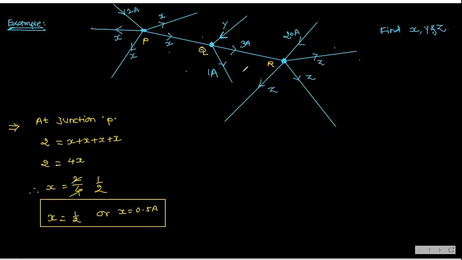Next one, at junction Q, you already got this 1/2, or 0.5 ampere, as the value of x. So at junction Q, incoming are two currents, 0.5 plus y, and leaving are 3 plus 1. So 0.5 plus y is equal to 4, because I want to do one more step.